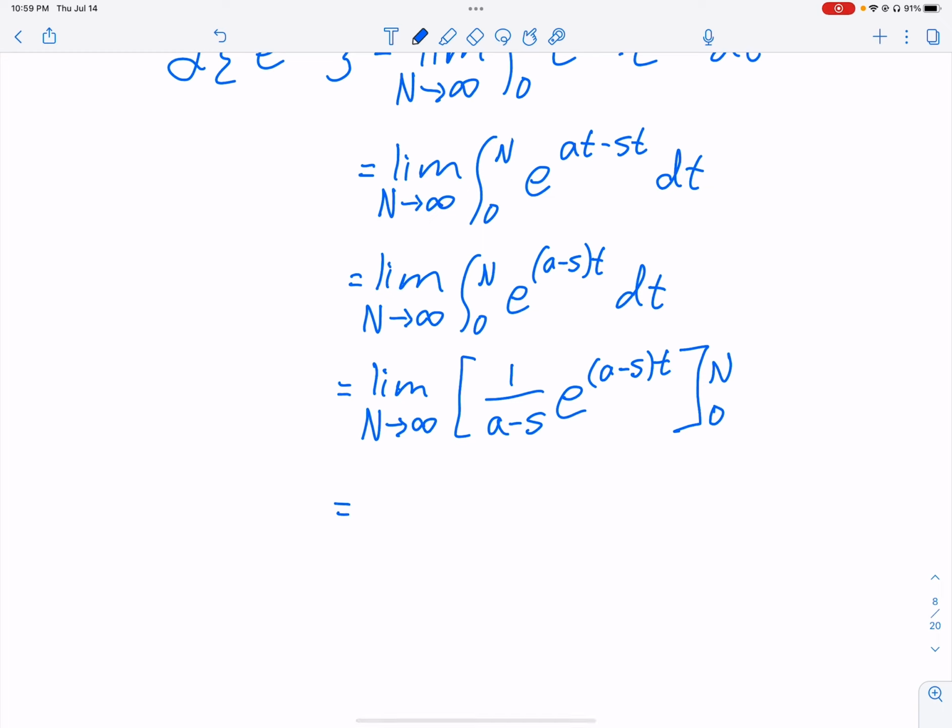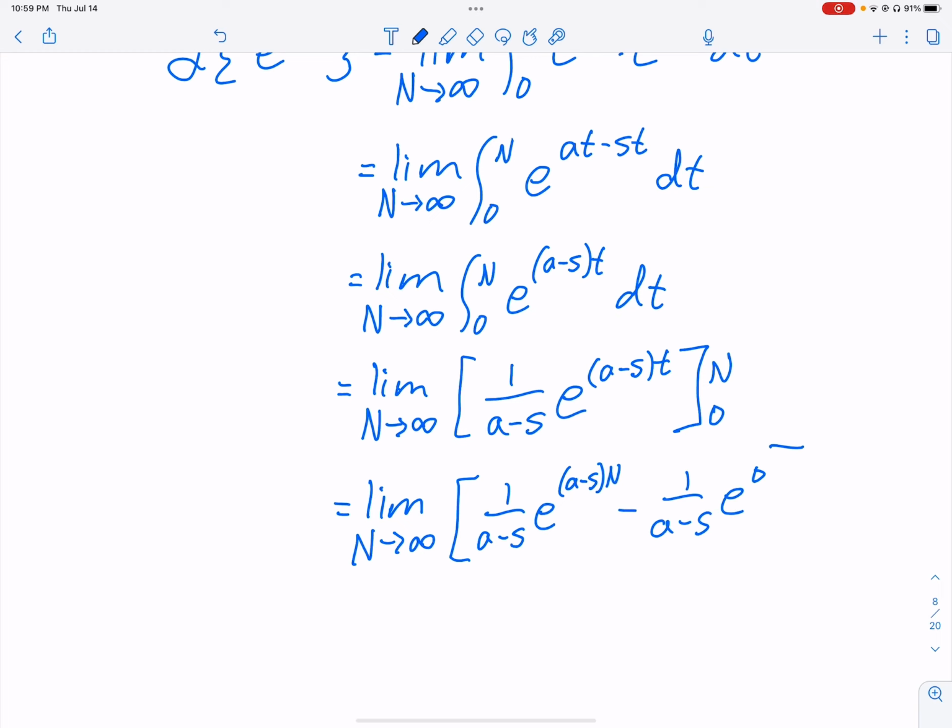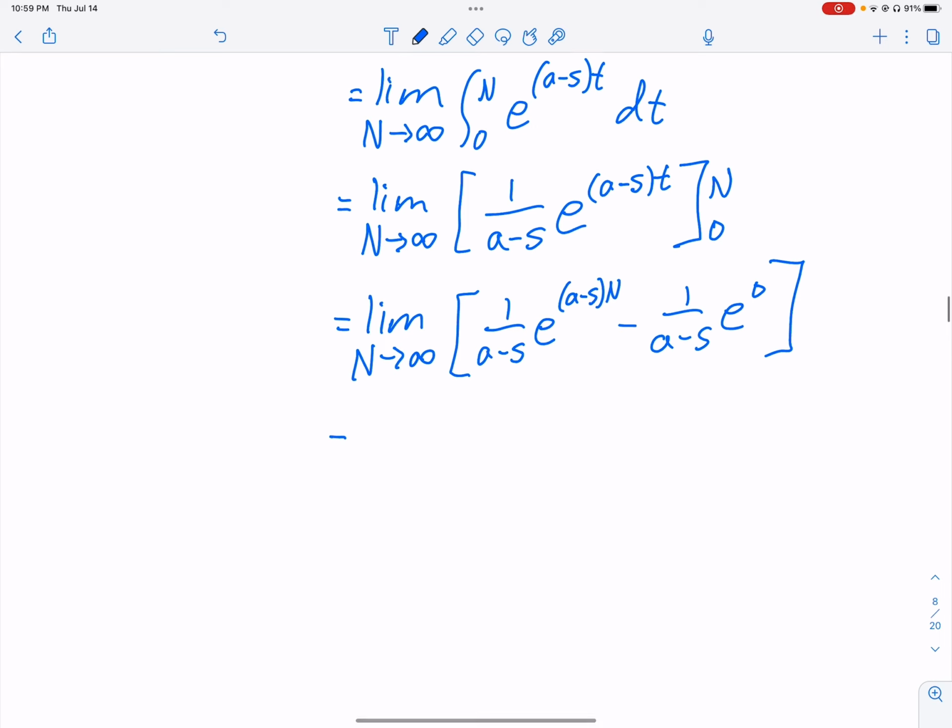Okay, so let's go ahead and plug that in now. The limit as n approaches infinity. And we're plugging in just for t, so it's 1 over a minus s e to the a minus s n minus 1 over a minus s e to the 0. All right. So now we could think about that n. If that goes to infinity, that whole thing's going to go away.